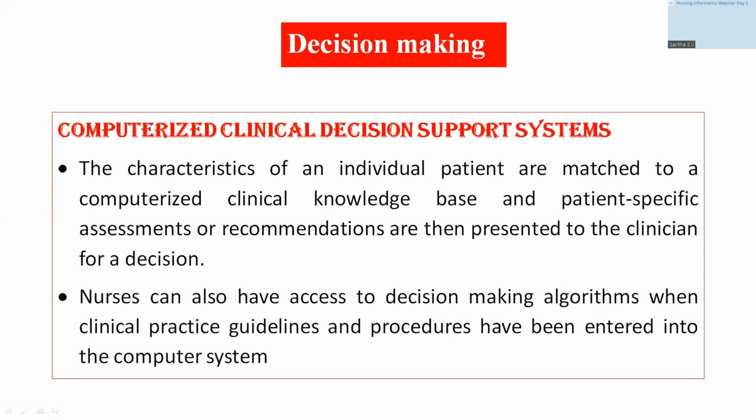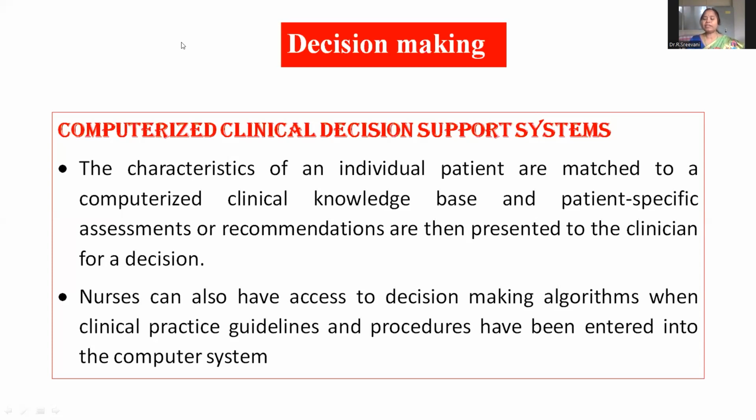Computerized clinical decision-making support systems are available. The characteristics of an individual patient are matched with the computerized clinical knowledge base. What happens here is that the assessments which you have taken can be entered into the computer system.